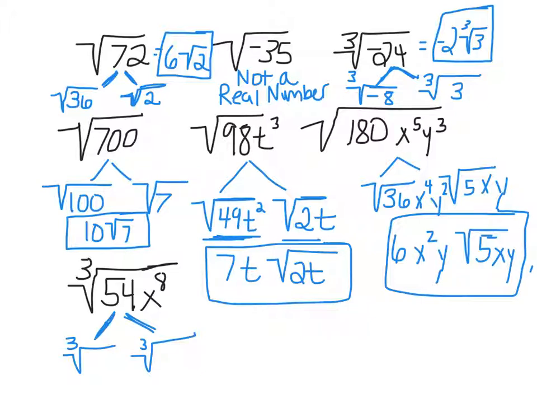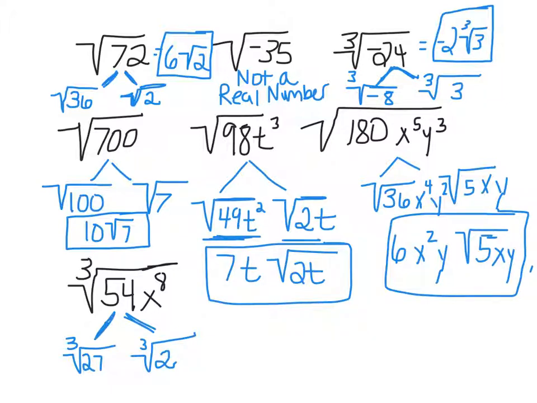Let's think about some perfect cubes. 1 cubed is 1, doesn't help us much. 2 cubed is 8. 8 will not go into 54. 3 cubed, 3 times 3 is 9 times 3 is 27. 27, that will go into 54. How many times? 2. So I can have the cube root of 27 on this side, and then what's left over? The cube root of 2 on that side.